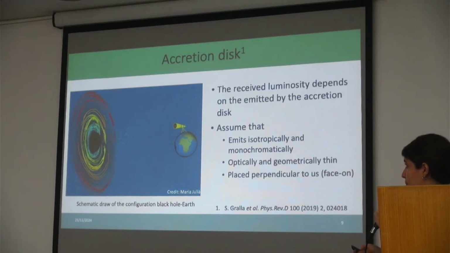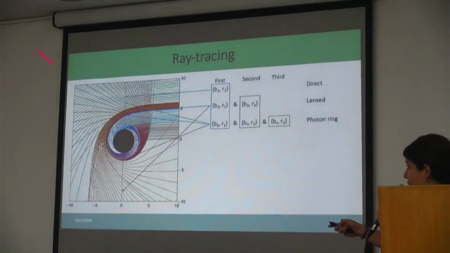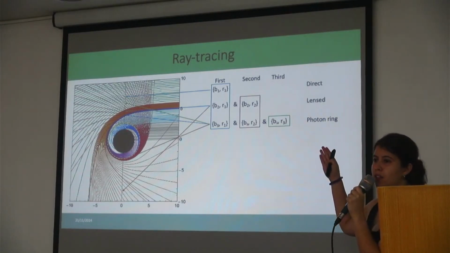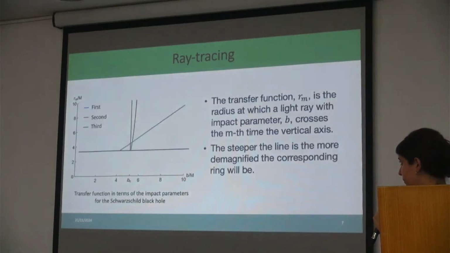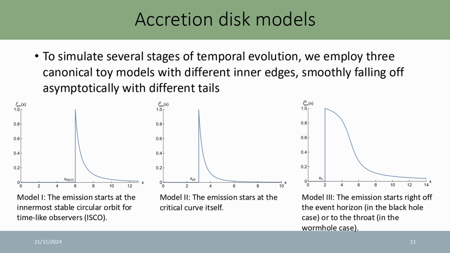So basically, if we come back to here, we are placing the accretion disk in this vertical axis. So that's why we were counting the cuts in this axis. And these are the three different models that we choose. Actually, these are ad hoc.